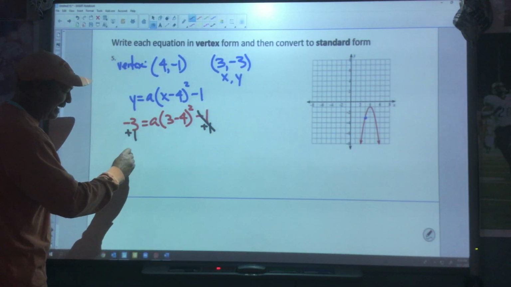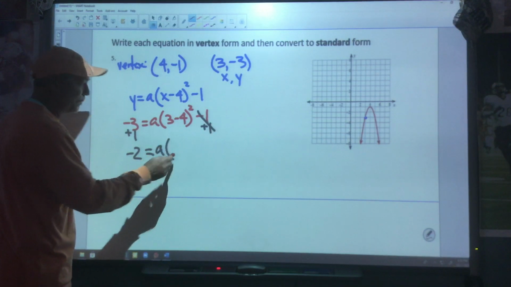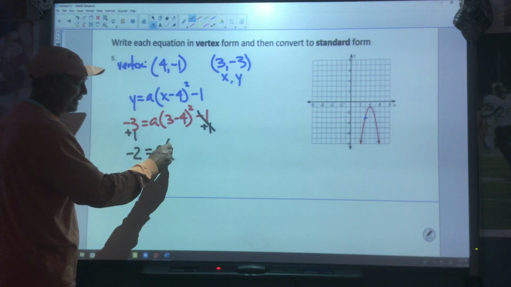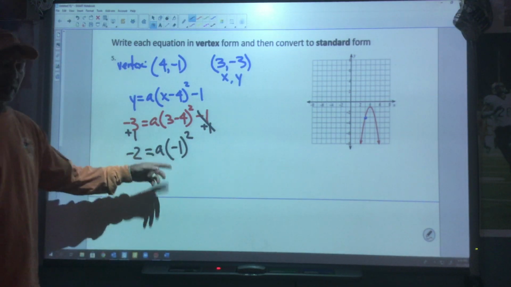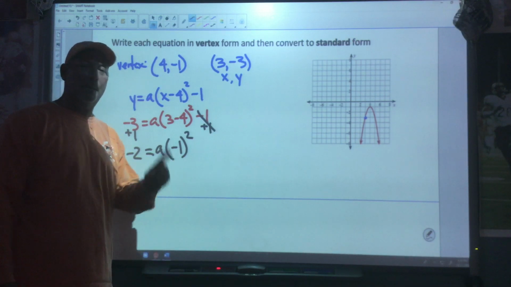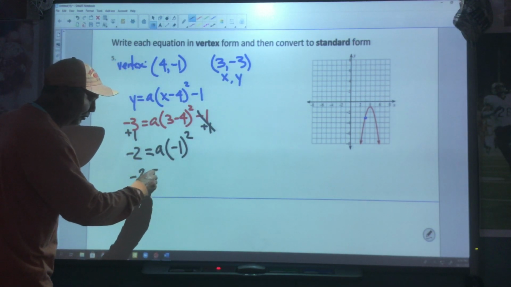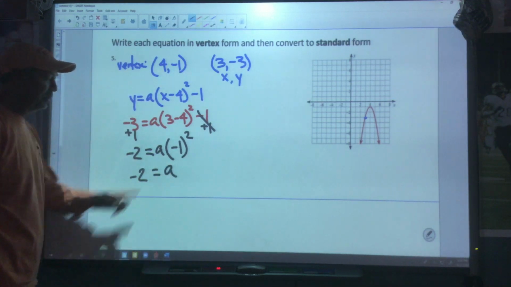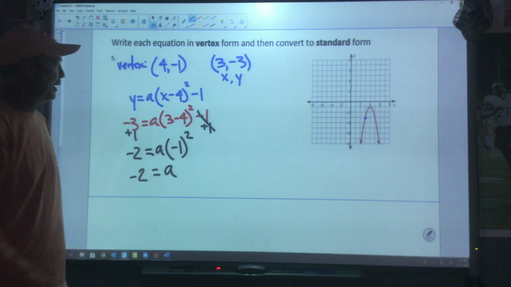I get -2 equals a times (3 minus 4) squared. 3 minus 4 is a -1 squared. Just like on a previous problem, -1 times -1 is a +1. So we're going to end up with -2 equals our a value, because this is going to give us a 1a. So we rewrite the equation.